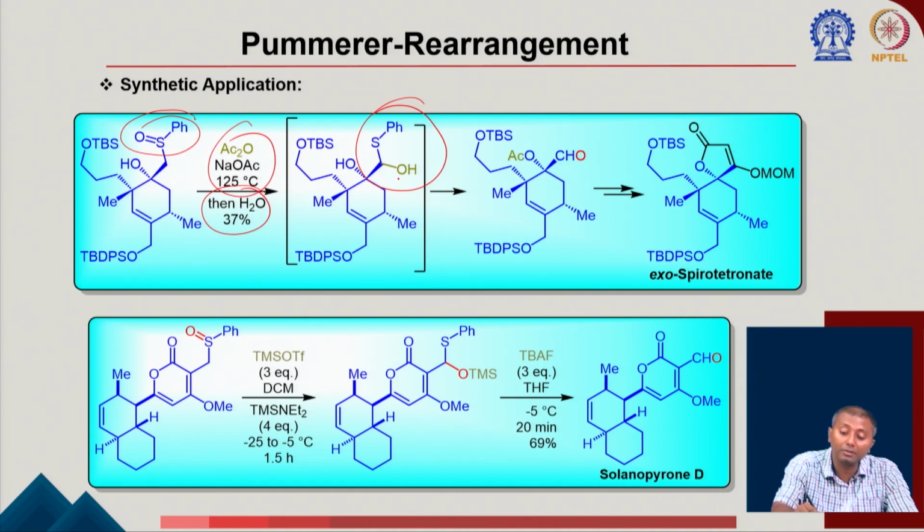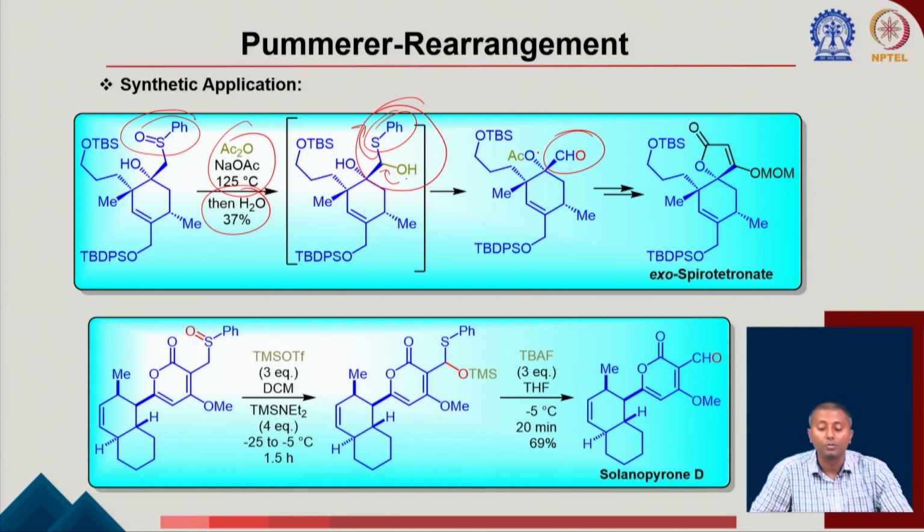Sorry, it is going to get rid of this part to get to the corresponding aldehyde. So you have seen it's a first activation, and then you have a nucleophile which is going to attack.